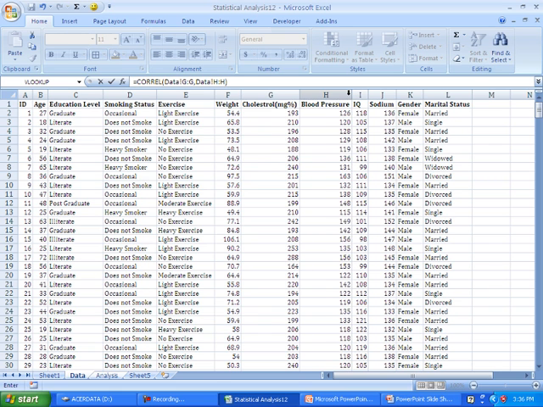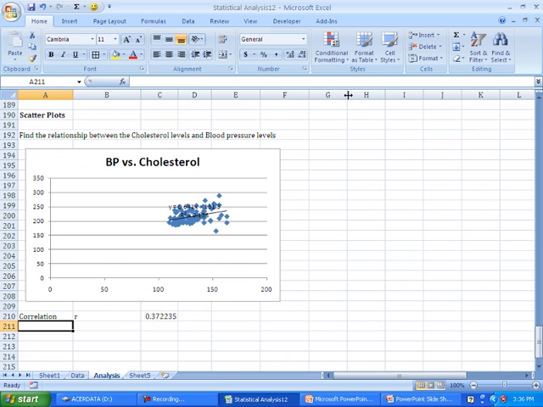Between these two, the correlation comes out to 0.37, and R squared, which is nothing but the square of the correlation coefficient, comes out to 0.13, which is what is being displayed in the chart here also.